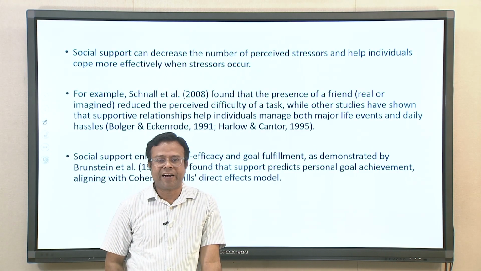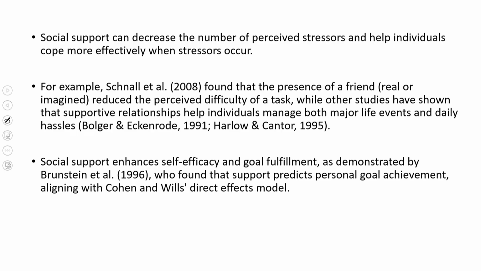So, social support can decrease the number of perceived stressors and help individuals cope more effectively, as we have already said. For example, one piece of research found that the presence of a friend, real or imagined, reduced the perceived difficulty of a task, while other studies have shown that supportive relationships help individuals manage both major life events and daily hassles.